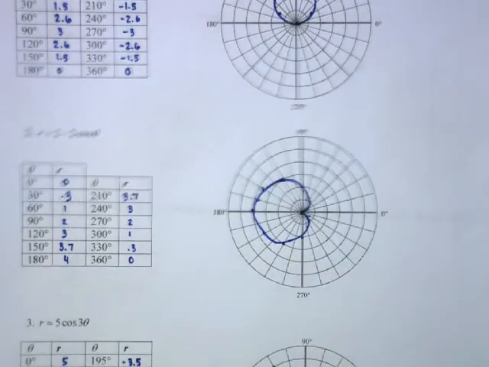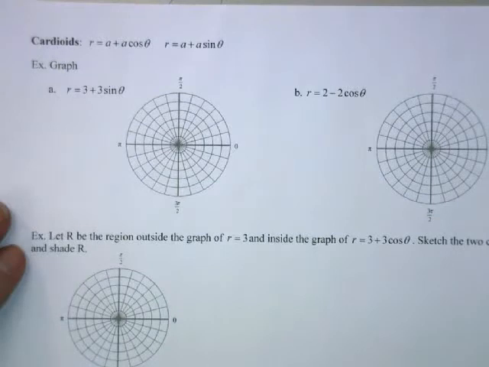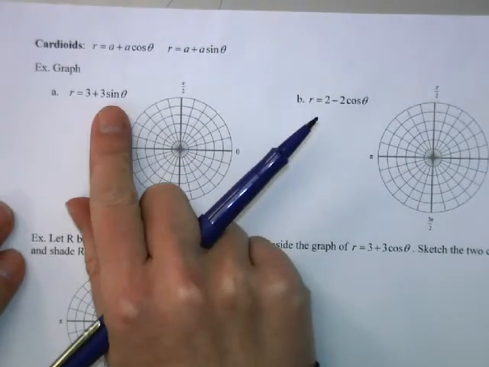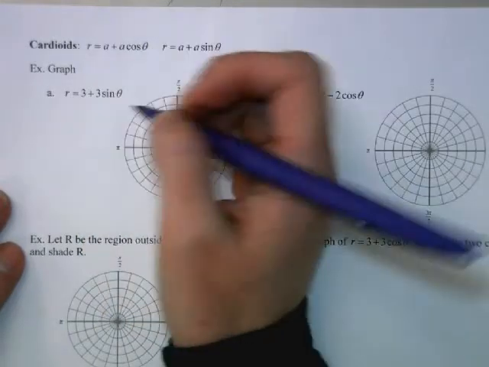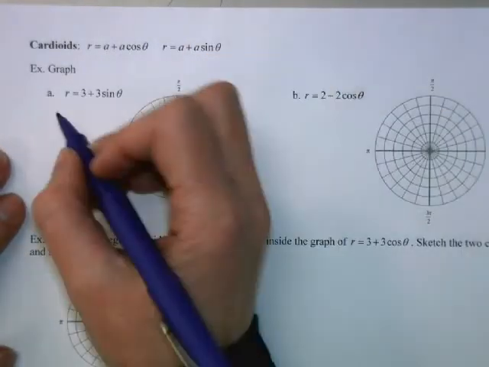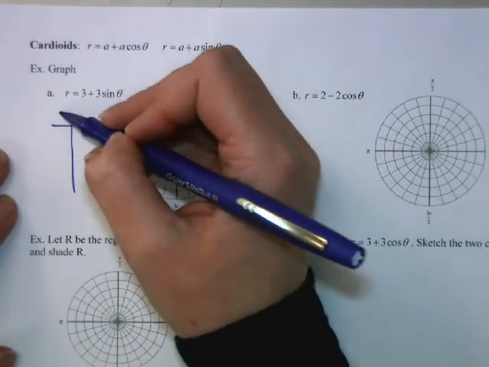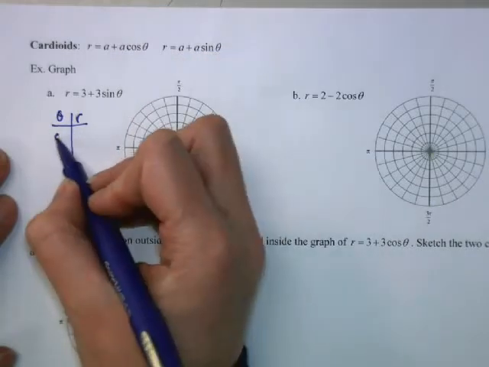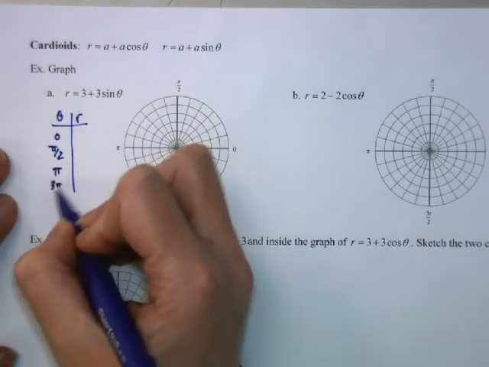That's what all cardioids are going to look like. Okay, so the first thing that you're going to identify is this is a cardioid because it's 3 plus 3 sine theta. The sine theta means it's going to be symmetric to the y-axis, and then I'm going to plug in my 4 points. So 0, pi over 2, pi, and 3 pi over 2.